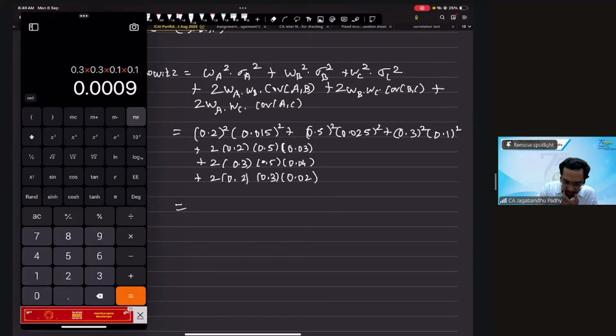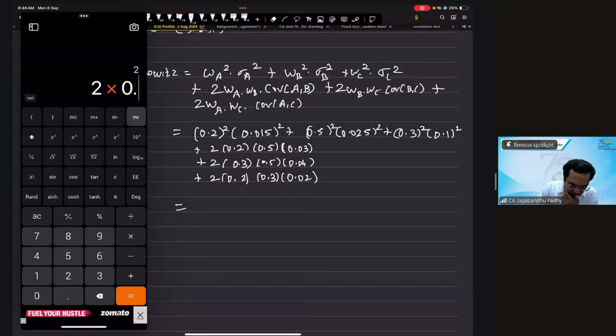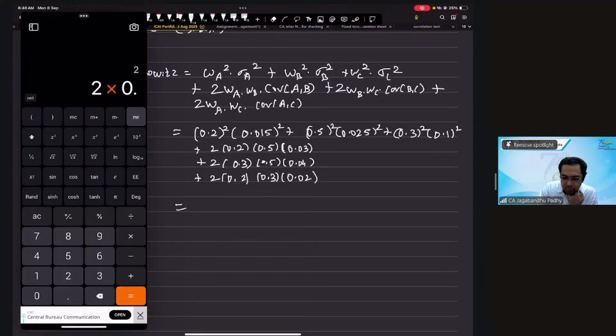equal to m plus 2 into 0.2 into 0.5 into 0.03, again m plus 2 into 0.3 into 0.5 into 0.04.